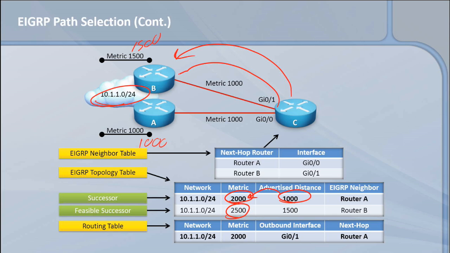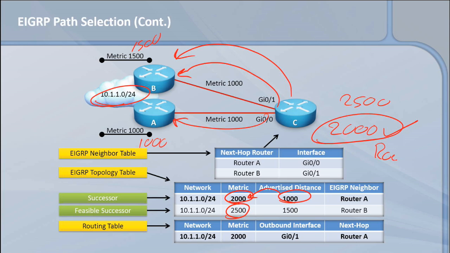Either way, it's going to cost me a $1,000 to reach my neighbor, which equals $2,000 or $2,500. $2,000 is the lower cost. This is the path that goes into my routing table. But should this path ever fail, we have a backup path. Is everybody okay with that? We've got a primary and a backup.